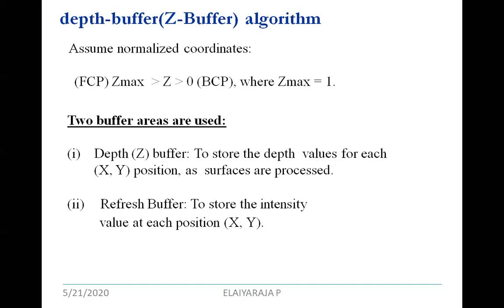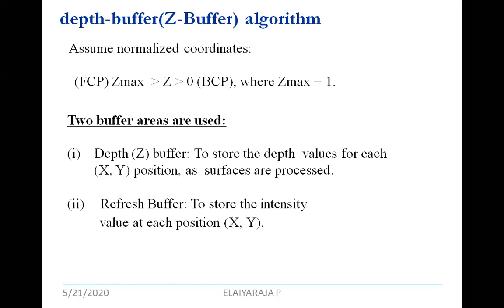Your normal vector, if towards the center of projection or away from the center of projection, you check whether it is a front face or back face. Towards the center of projection is a front face, so you accept and draw it. Away from the center of projection means the back face, which you reject in the backface culling method.